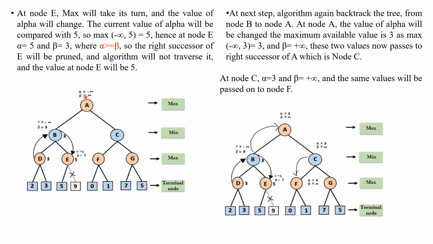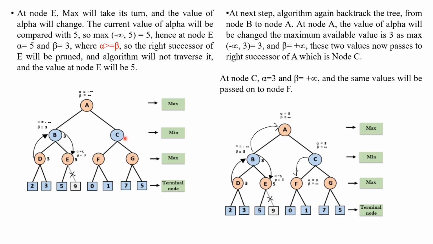Now node A is a maximum node, so the value of alpha should be updated. Alpha is the maximum value. The node value is already 3, so minus infinity is compared with 3, and the maximum value is 3. So for node A, alpha is 3 and beta is plus infinity.